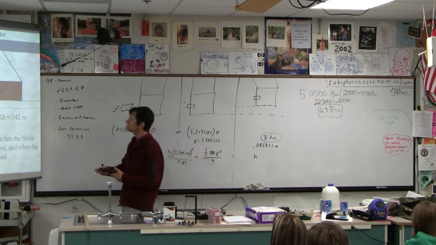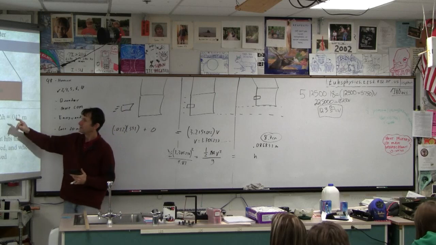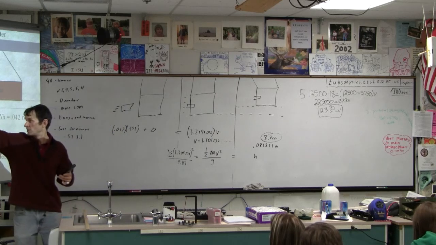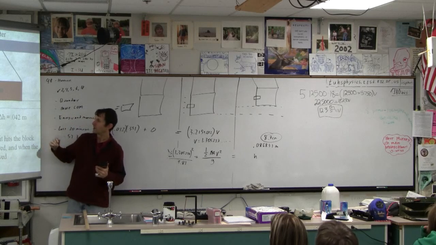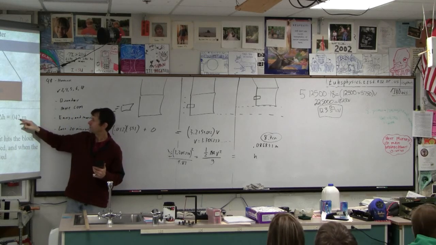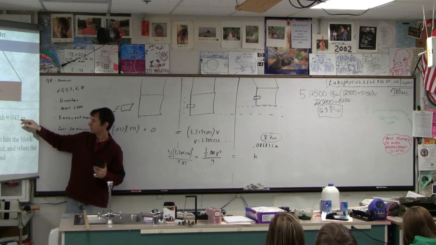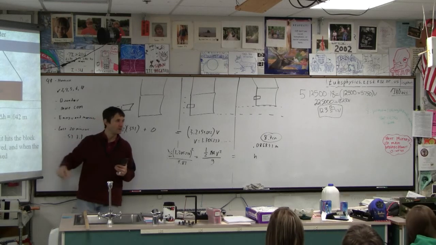Okay, so let's suppose we have a different bullet mass: 0.0065 kilograms, a 6.5 gram bullet, and the block rises 0.042 meters. So how do we do this backwards?